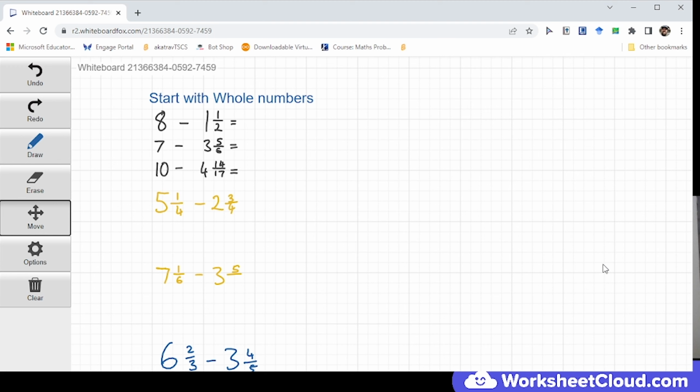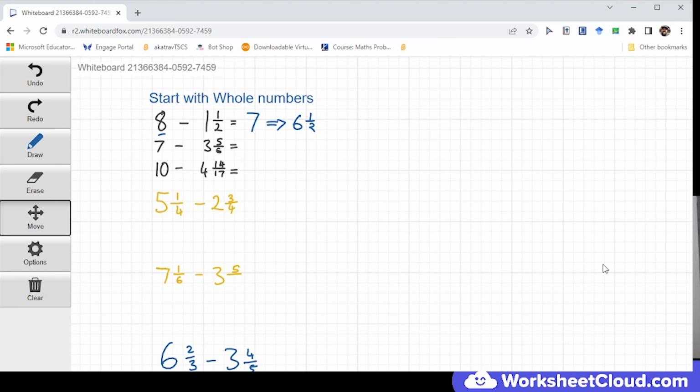But let's puzzle this out a little bit mathematically. I've got 8 over here, and if I take away 1, then I've got 7. But now I've still got to take away a half from my 7, which would lead me to 6.5, which is the answer I got.